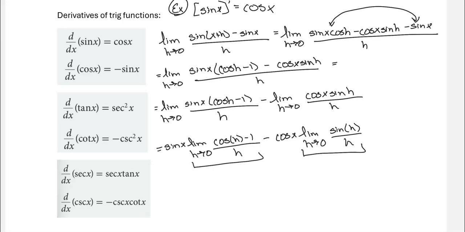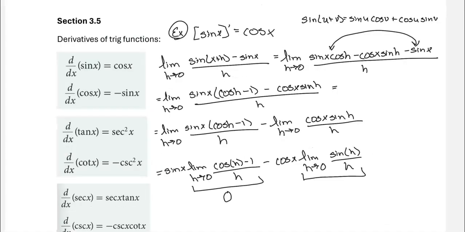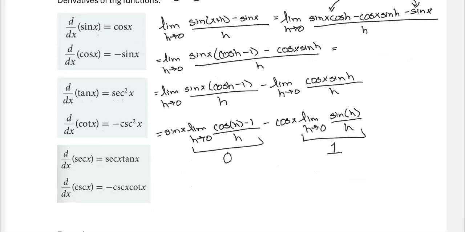Look at what happens when we plug in negative 0.1, negative 0.01, negative 0.001, and then come in from the right side at 0.1, 0.01, 0.001, and you'll see this one is going to 0. If we do the same thing here, we're going to see that this is actually going to 1.